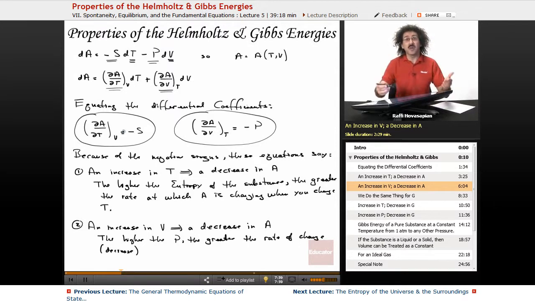If for any reason we decide to run an experiment where we're actually holding temperature and volume constant, then we have to use the Helmholtz energy and not the Gibbs energy, because the Gibbs energy is for conditions of constant temperature and pressure. And constant temperature and pressure is what 99% of all chemical reactions are run under. That's the standard laboratory condition for chemistry, not for other things. Okay, we're going to do the same thing for G.